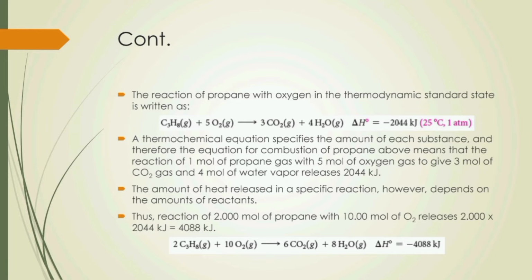A thermochemical equation specifies the amount of each substance used, and therefore the equation for the combustion of propane in this case is the reaction of 1 mole of propane gas with 5 moles of oxygen, as we have to explain each and every detail here. The enthalpy change calculated will be at standard state, so this will be the standard enthalpy change. In this specific reaction, the amount of heat released will be the enthalpy change.